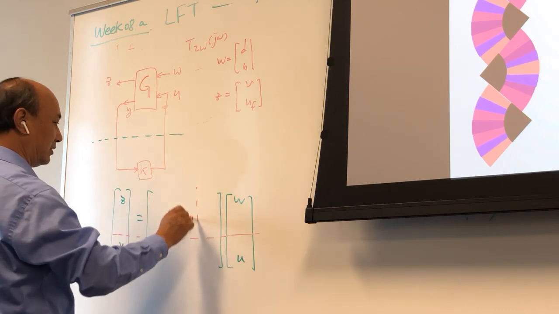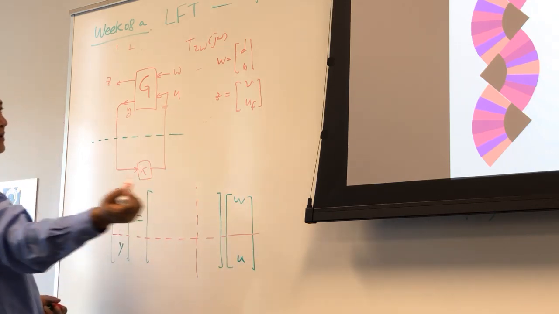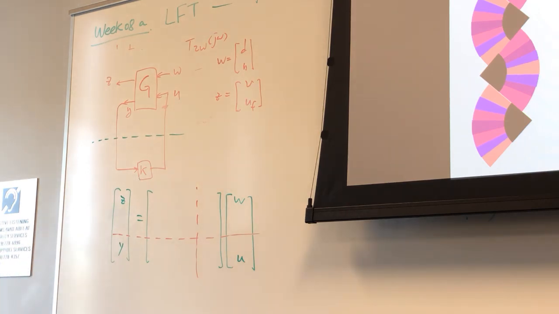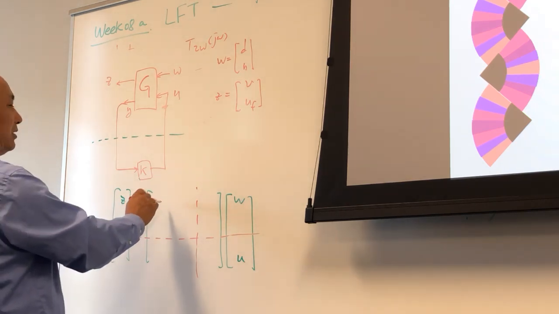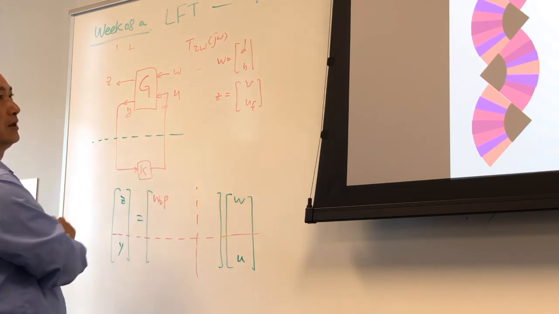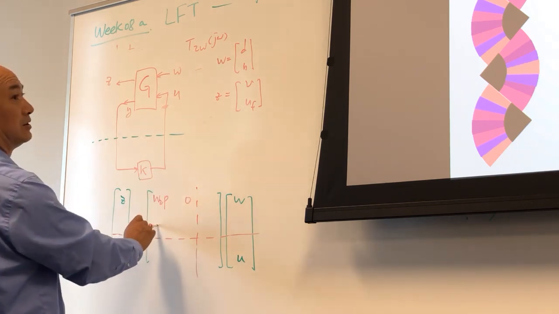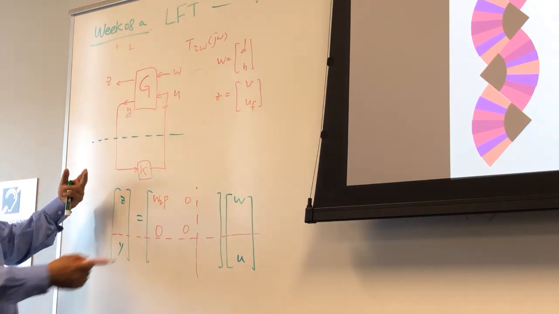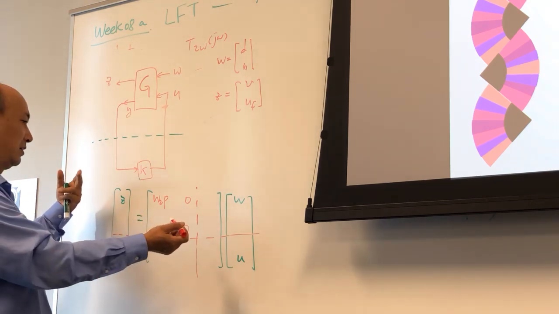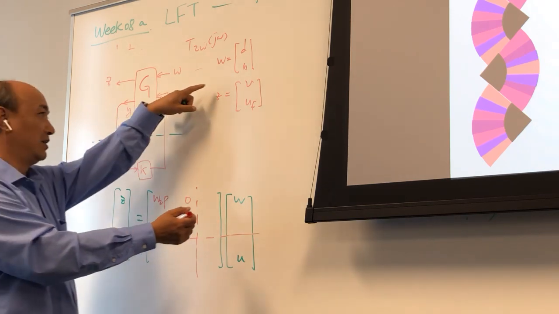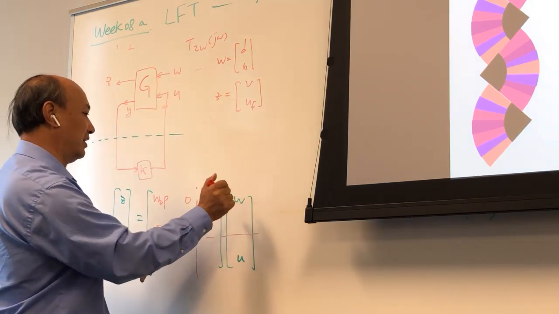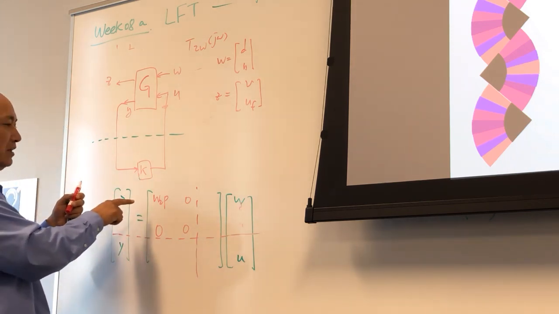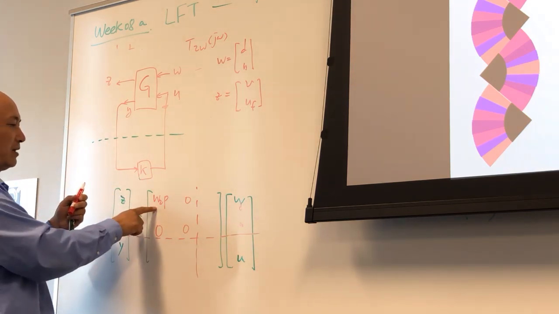So let's do this. So U times W2P 0, 0, 0. The reason is I have the dn. I can write this like d and n. So d times W2P.